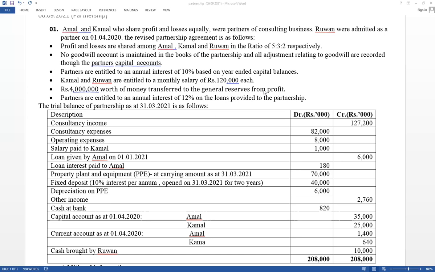Normally, think about lawyers' firms, doctors' firms, engineers' firms, as well as Mobitel, like that. Service providers are service businesses. Therefore, you have to know how to prepare financial statements of service businesses also, trading business and service business.